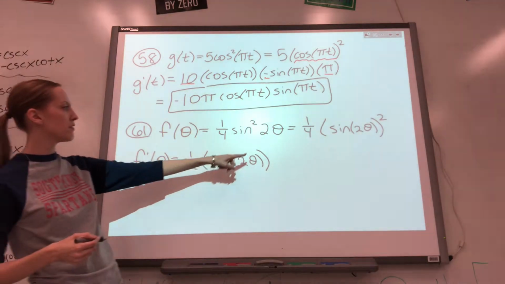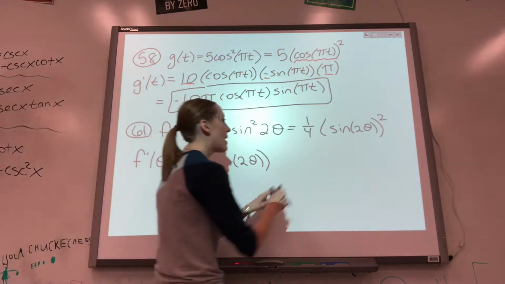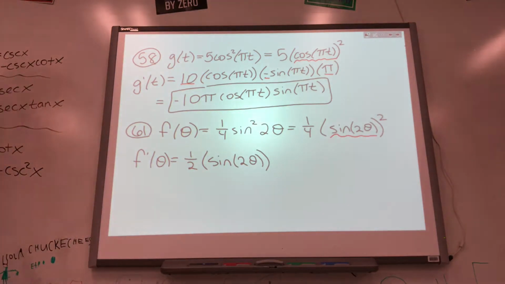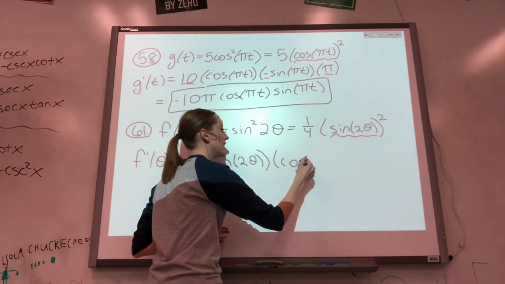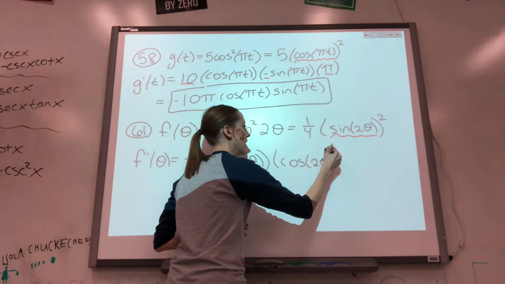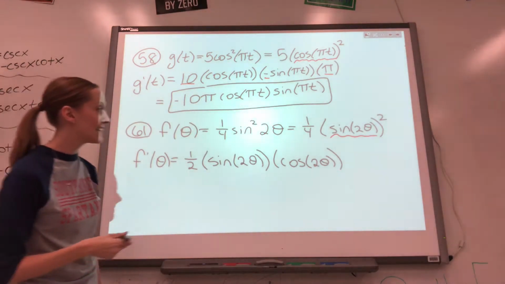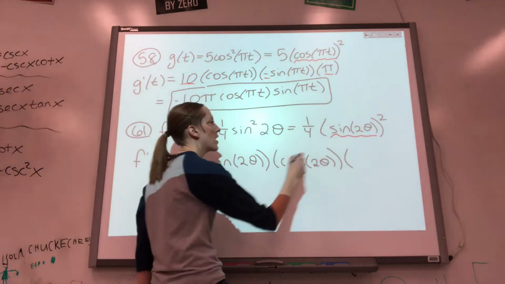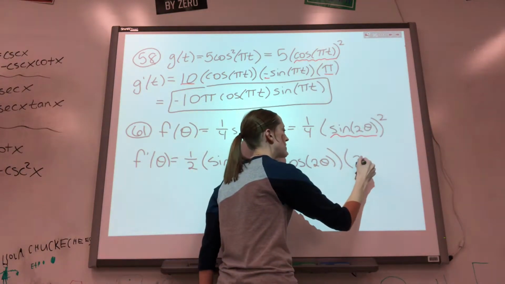So now it's just to the first power. Come back and take the derivative of the part in the parentheses. Here's the chain rule for trig functions. Derivative of sine is cosine. So there's that. But I have to also take the derivative of the part that was in these parentheses.